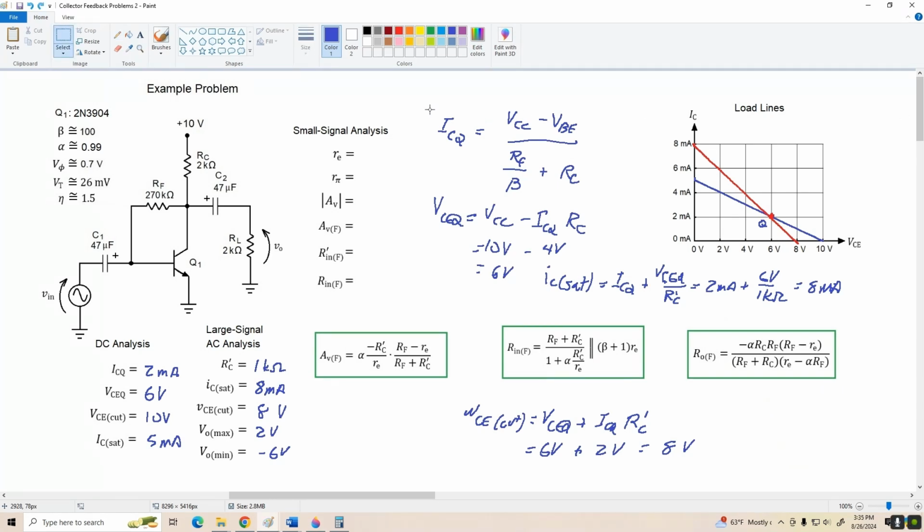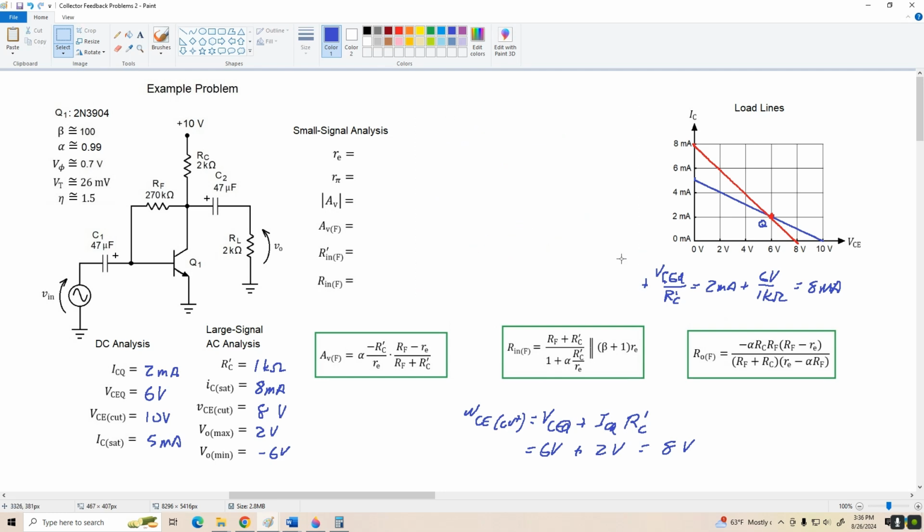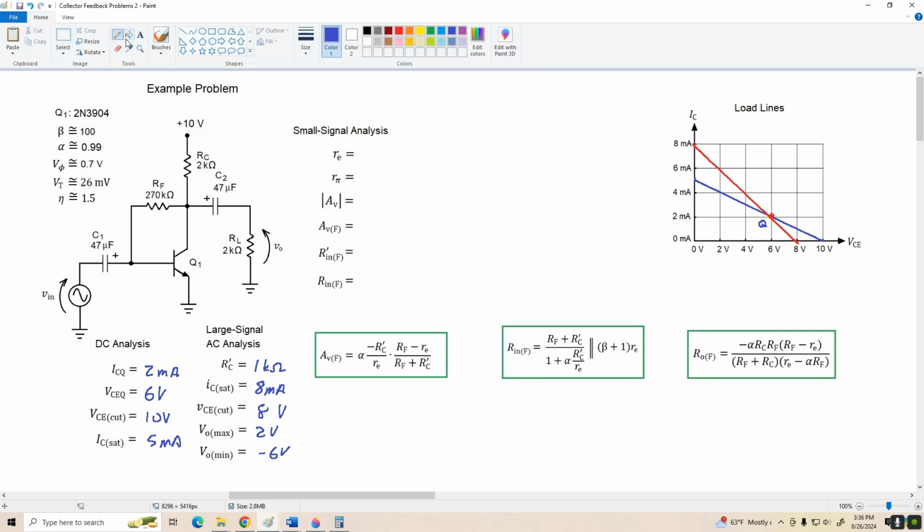Okay, let's clear off our desktop here, make a little bit of room so we can do our small signal analysis. And the first thing we're going to start off with is the determination of little re. Remember, little re equals eta VT over ICQ.